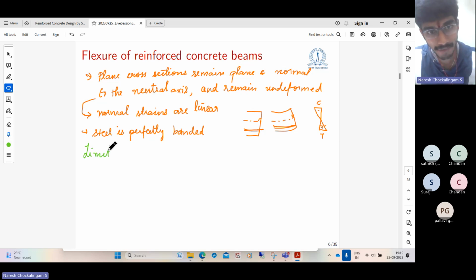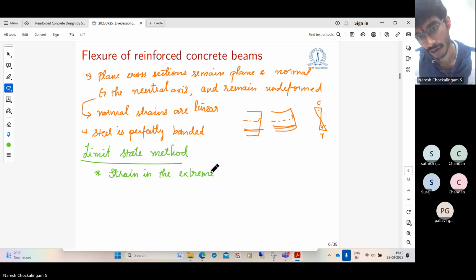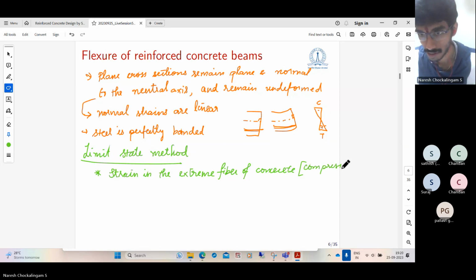For the limit state method of analysis, the assumption is that the strain in the extreme fiber of concrete, and when I say concrete, we are obviously referring to the compressive strain because concrete doesn't have significant tensile strength, under compression is given by epsilon_cu equal to 0.0035.